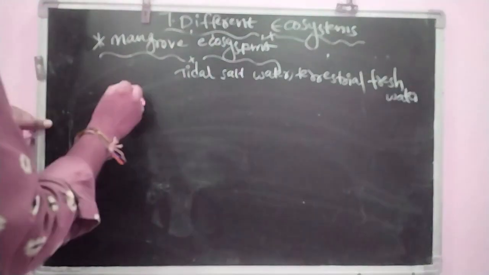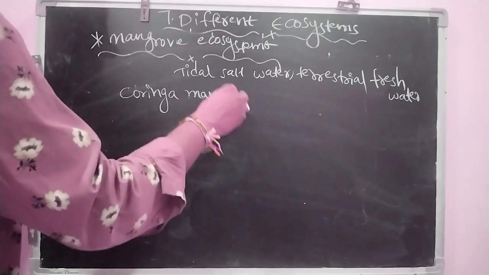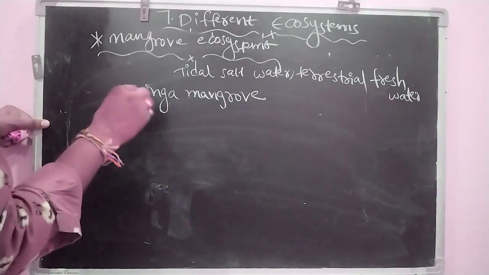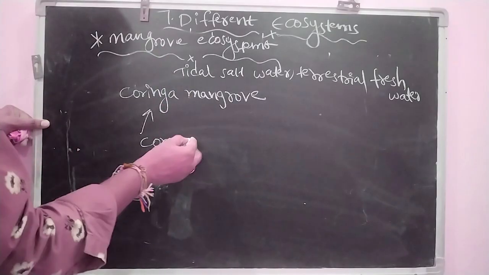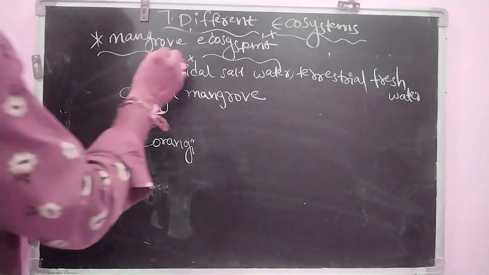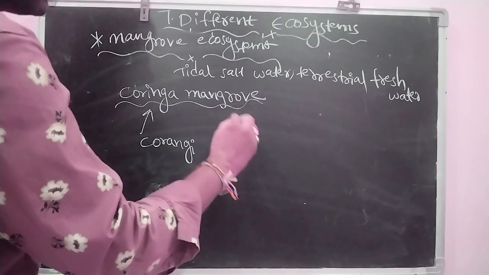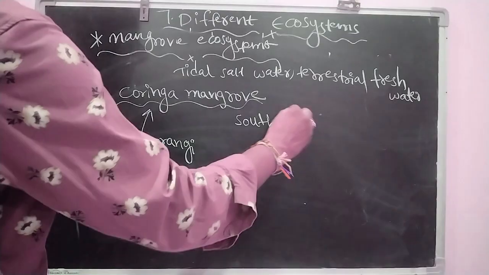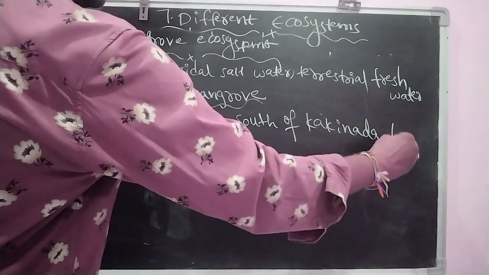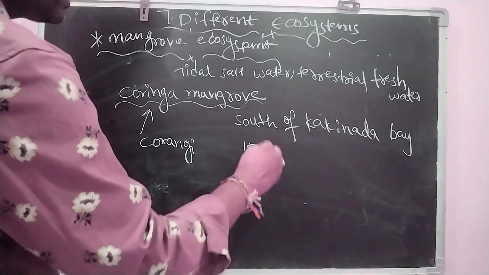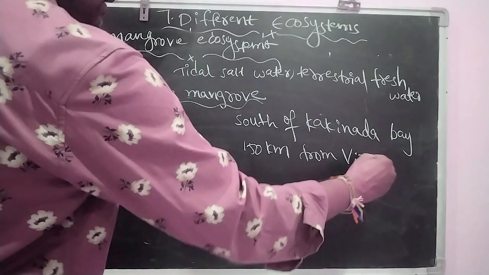The best example is the Coringa mangrove, which is named after the river Korangi. This Coringa mangrove ecosystem is situated south of Kakinada Bay, 150 kilometers from Visakhapatnam, or Vizag.